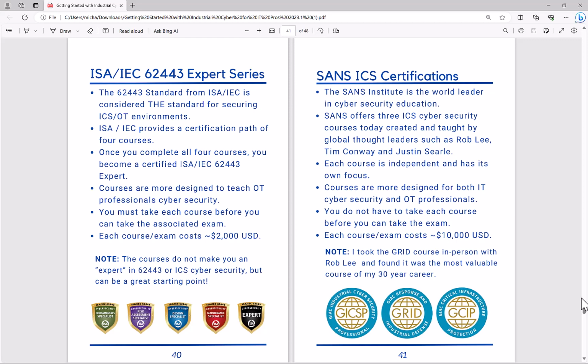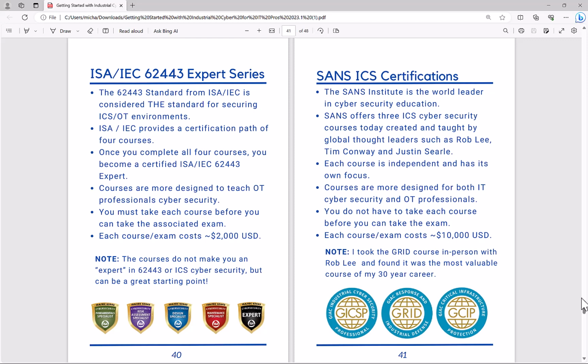So again, I think they're more designed to teach engineers about cybersecurity basics than to teach IT cybersecurity folks about OT. It's very much so. So just keep that in mind.